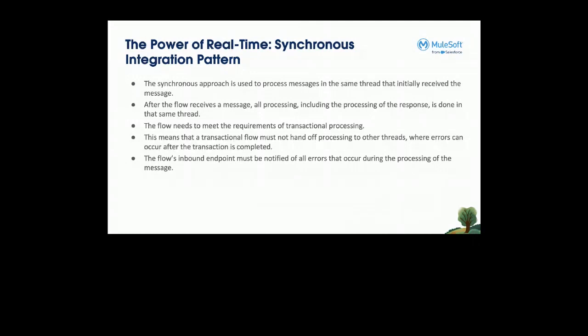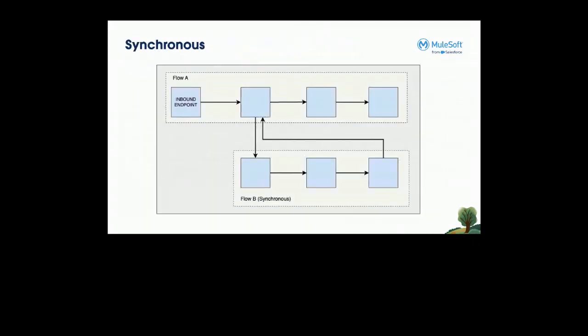So let's take this example and understand what synchronous is and how it works. For example, if I get a hit on my endpoint, I'll go to process A, which makes another request, basically another GET call to some other system.